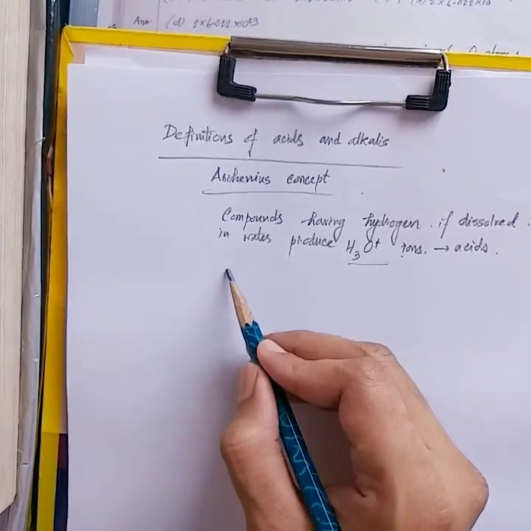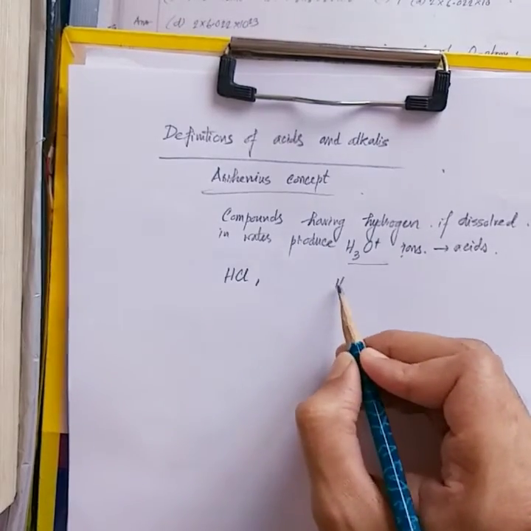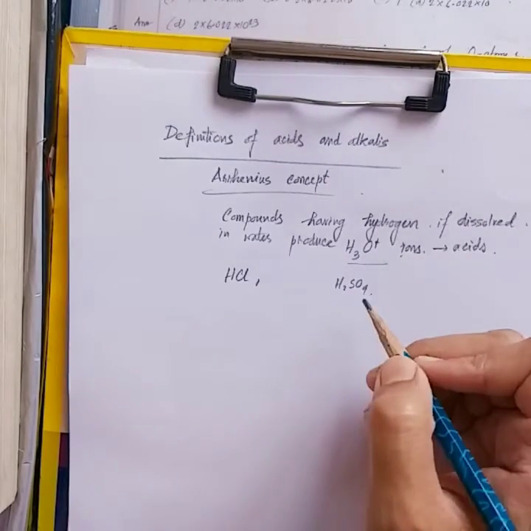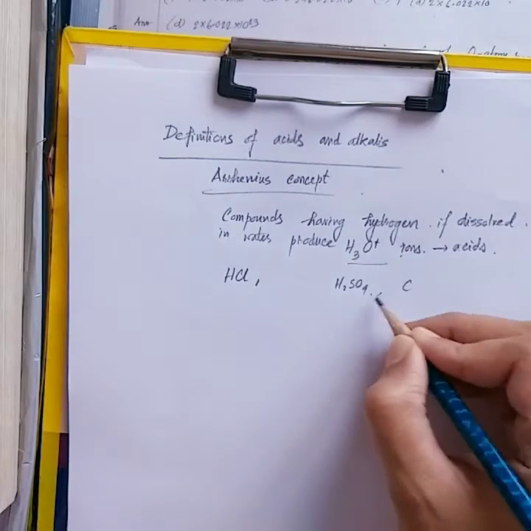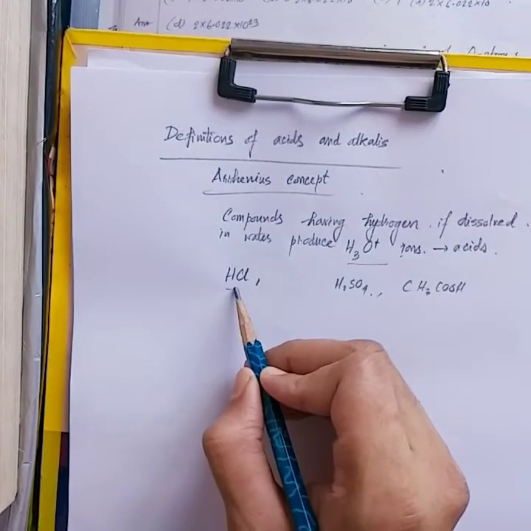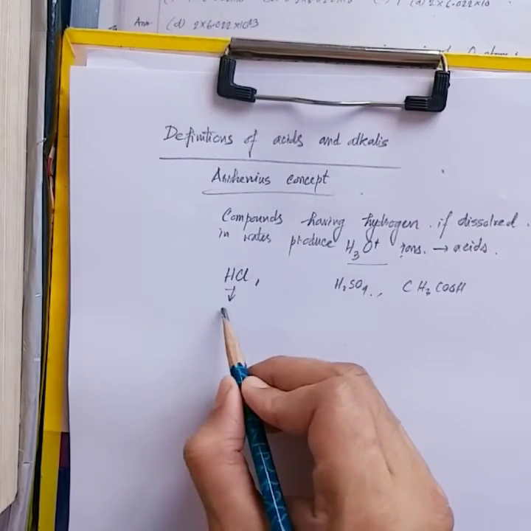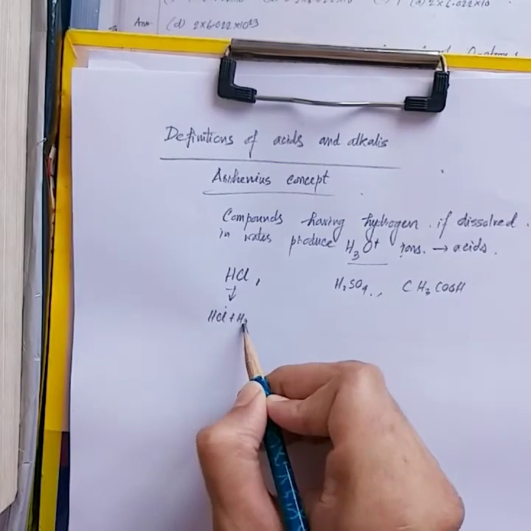So let us discuss some examples like hydrochloric acid, sulfuric acid, okay, acetic acid, etc. So hydrochloric acid, if you dissolve this thing in water, what will happen? HCl plus H2O.